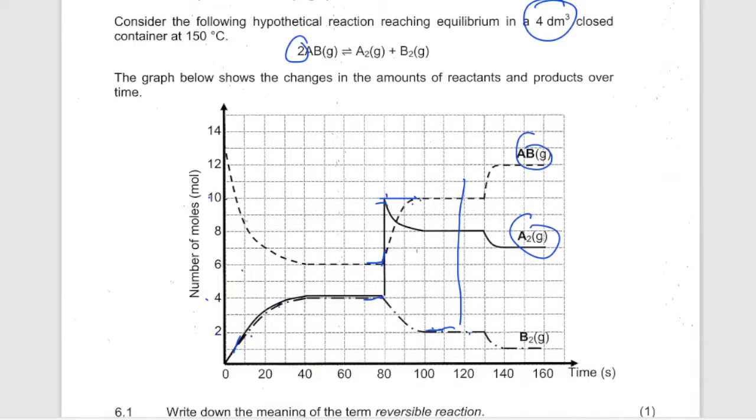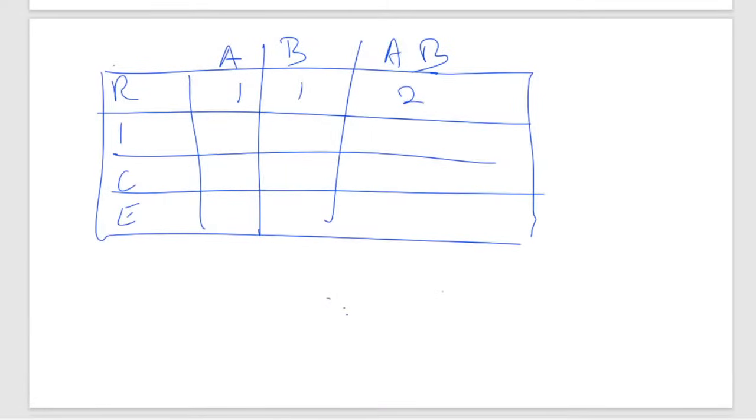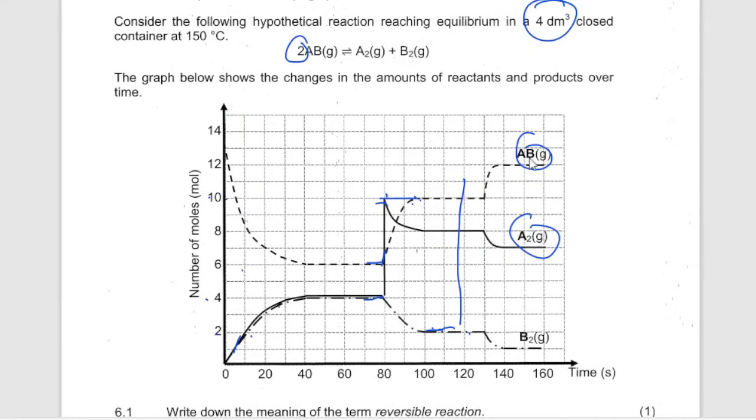So A started from here, which is 10, AB started from 6, and B started from here, 4.